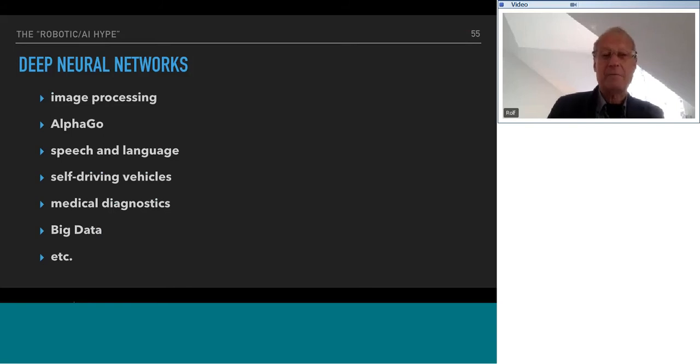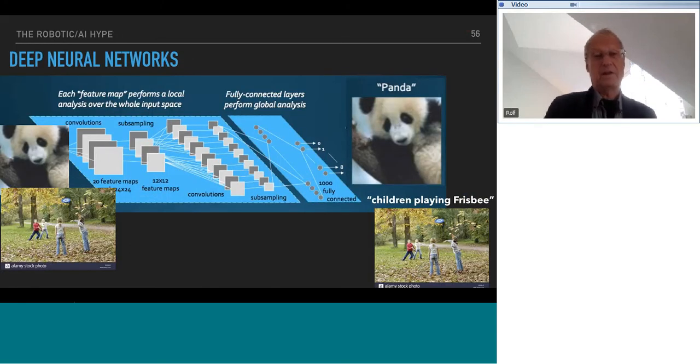I think they have been extremely useful in many areas: image processing, AlphaGo, I'll say more about that in a second, speech and language, where there has been a real boom, a qualitative improvement, because of these deep neural networks, self-driving vehicles, medical diagnostics, and of course, big data.